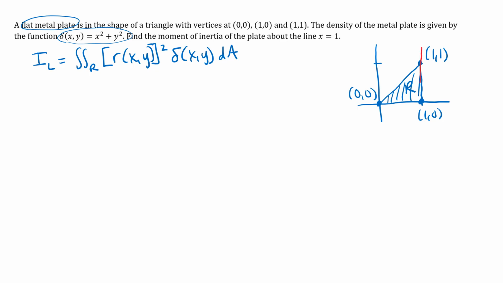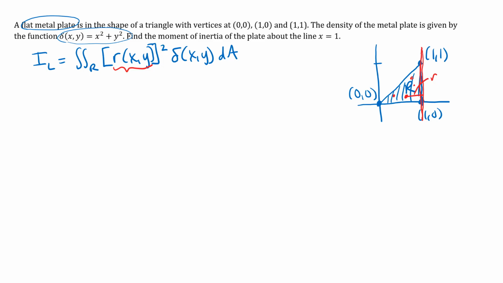The line x equals 1 would be right here at the edge of this plate. So when I write this part here, that is the distance from a point (x, y) to the line that we are rotating about, we want to think about representing that distance right there. That's what that r would be. That distance would be different for different points in this region, so I need to write an equation that depends on a variable.